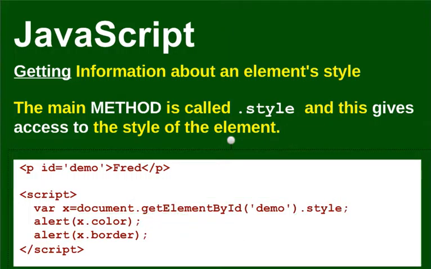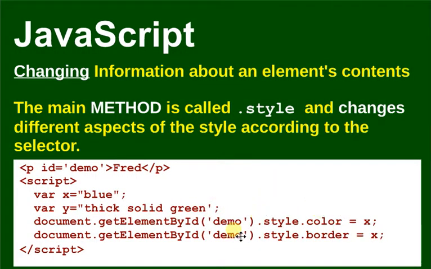So that will give me details, and then what I can do also is to then change those details as well. So if I want to change the border and change the color, I've made two variables and I put details in them here. So I've put X is blue and Y is thick solid green. So that's for the border, and this is for a color. So here's my element here, document.getElementById demo dot style. Okay, so that's my element, and now I'm changing its style dot color.